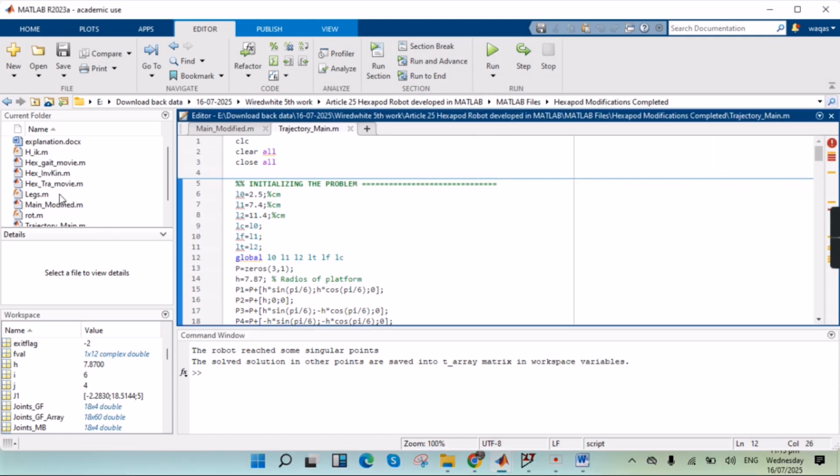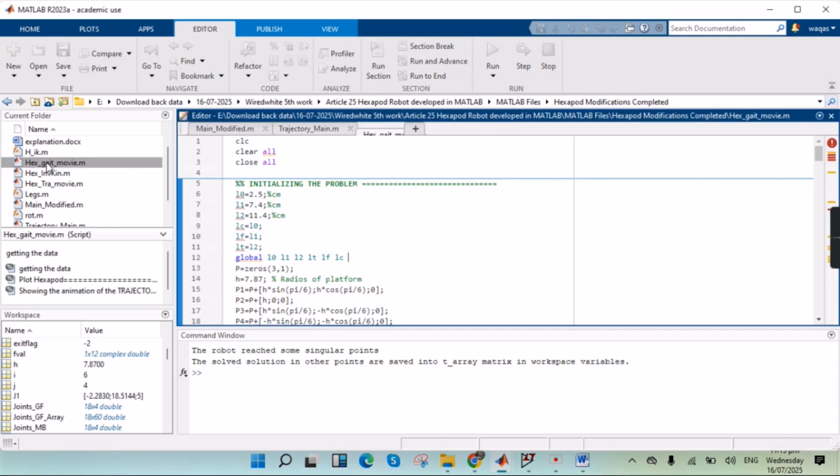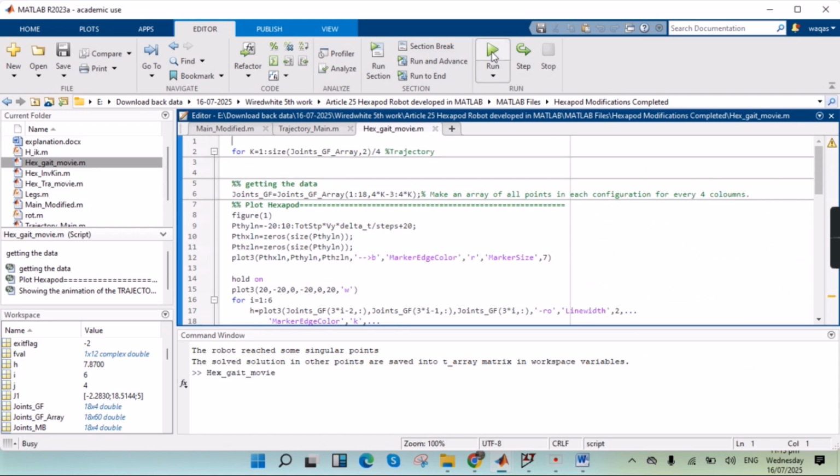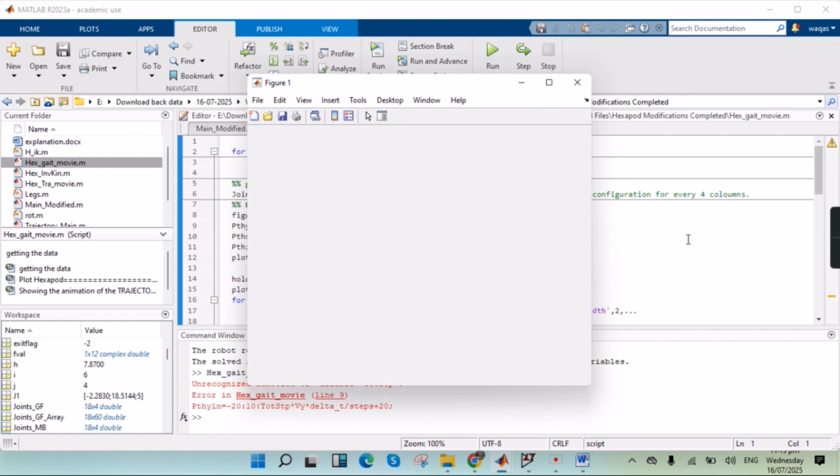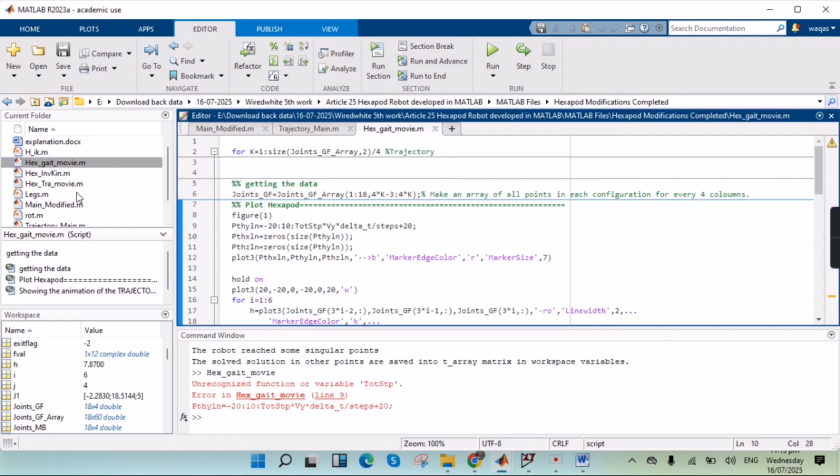Different angles. And this is the hex gait for the plotting; sorry, this one is the trajectory, meaning these are the angles and functions used in it.